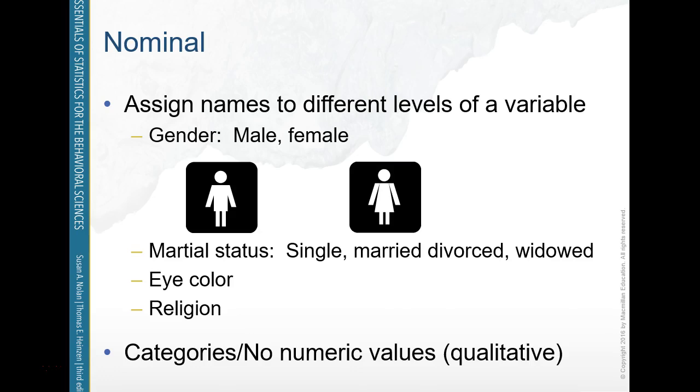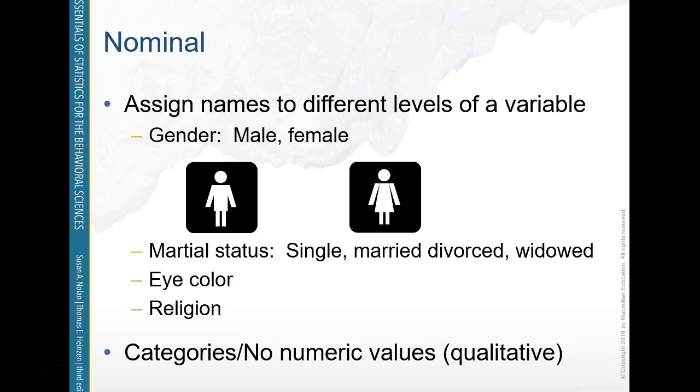eyes, etc. Same with marital status. I could ask, as in my research study, are you single or married or divorced or widowed? These are categories, named categories, and people fall into categories. Are you a student? Yes or no? Again, you're falling into a category.